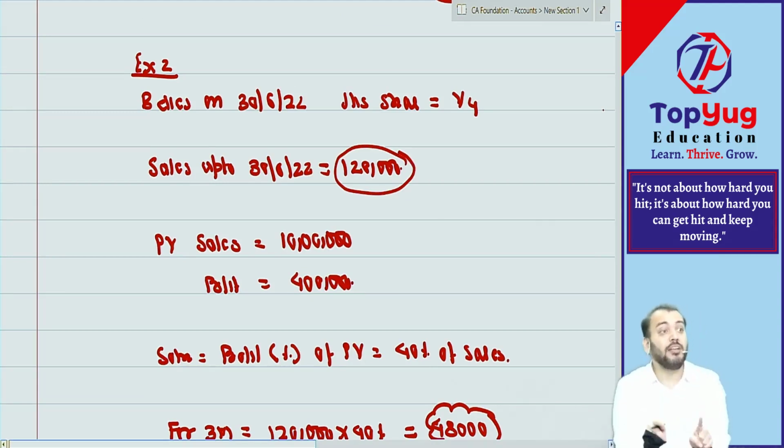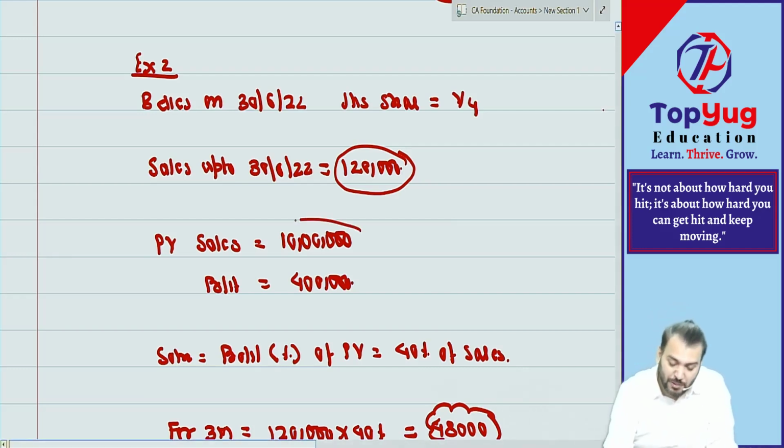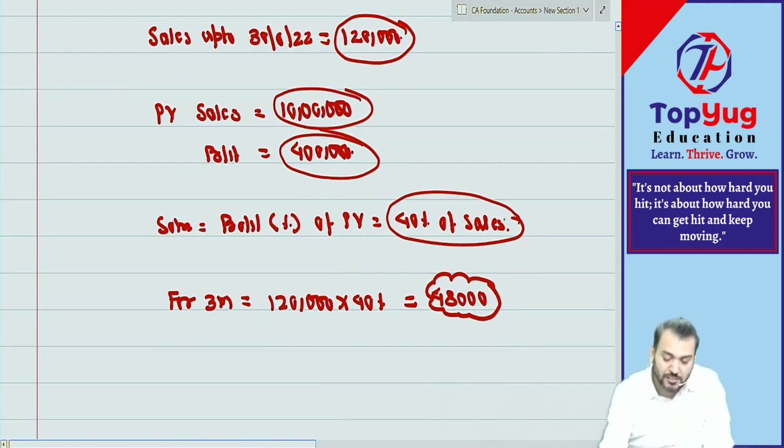For that we need to prepare the entire P&L account. This much time we don't have. So we are just estimating profit based on previous year profit ratio. Previous year, on that sale how much profit? 40% on sales. Let us assume the same profit margin continued for the current year.